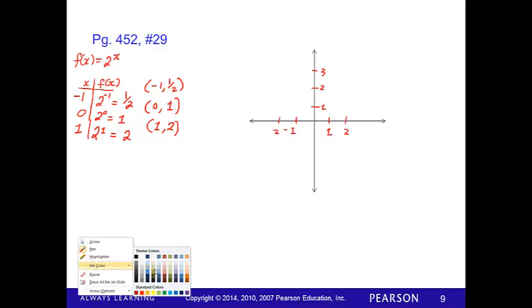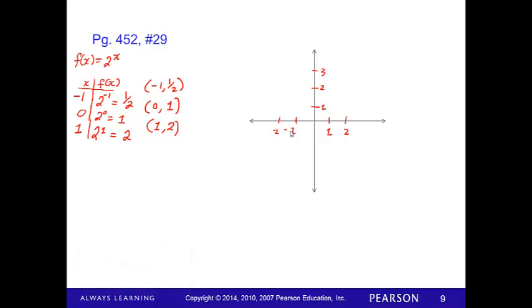Let me change colors. Go for green. So let's plot some points. -1, a half, maybe right there. And 0, 1 there. And 1, 2. Okay. So now let's make the attempt to connect the 3 points and make sure we have a smooth, continuous curve. There you go.